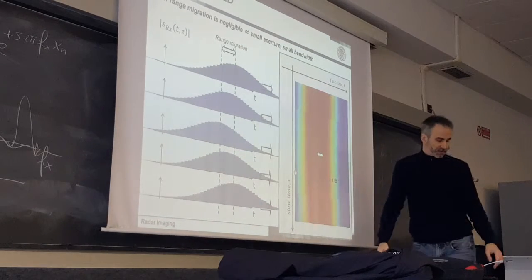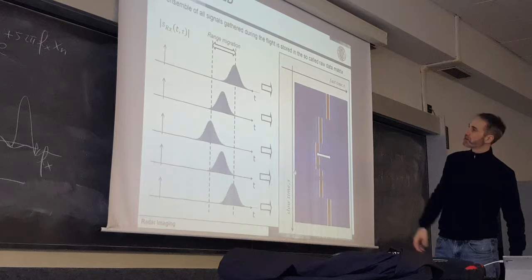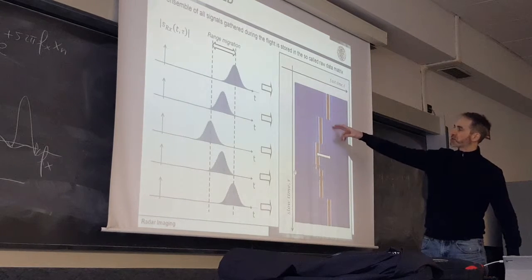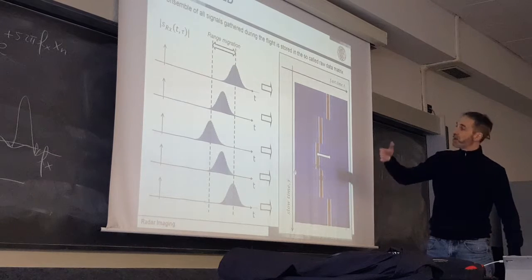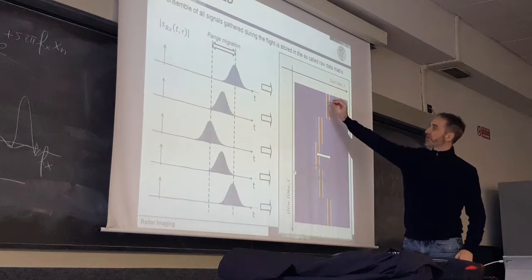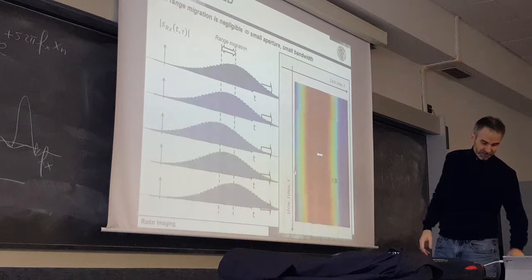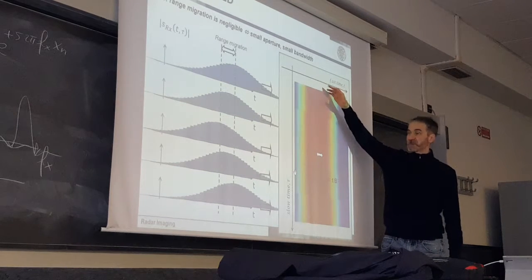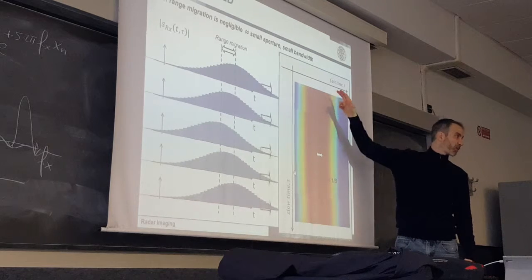You see the difference. In this case, the peaks of the different pulses are on different columns. If we say that these pulses are very large in time, then we can say that all we have basically is just a single column.